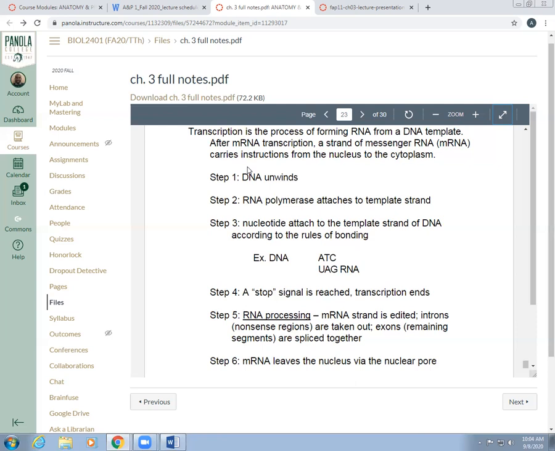Your next step is RNA processing. So you're going to have editing of the mRNA strand. So the introns are what we call nonsense regions, parts that you need to take out, they're cut out. And then the exons, the remaining segments, are going to be spliced together.